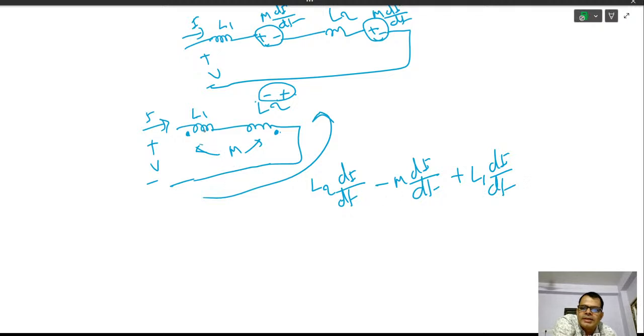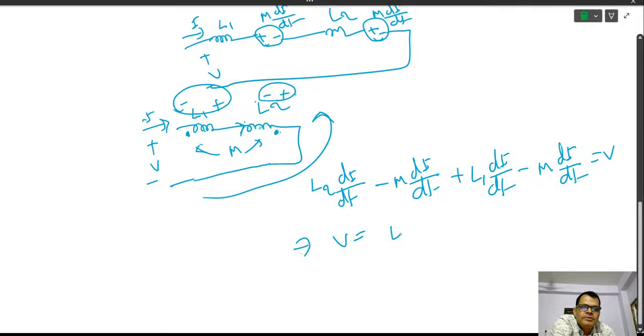Now current through L2 produces a voltage at L1, but current I is entering in the undotted terminal in L2. So undotted terminal will be positive, dotted terminal will be negative, and you are traversing from positive to negative, so a negative sign, M di upon dt, equal to V. So this becomes V equal to L1 plus L2 minus 2M di upon dt.